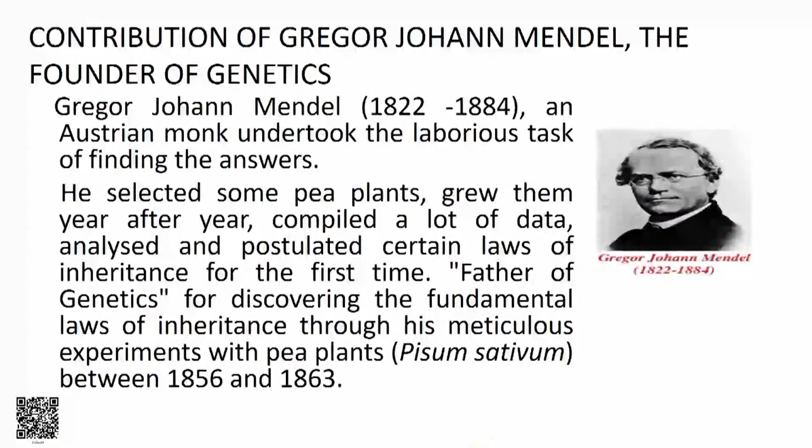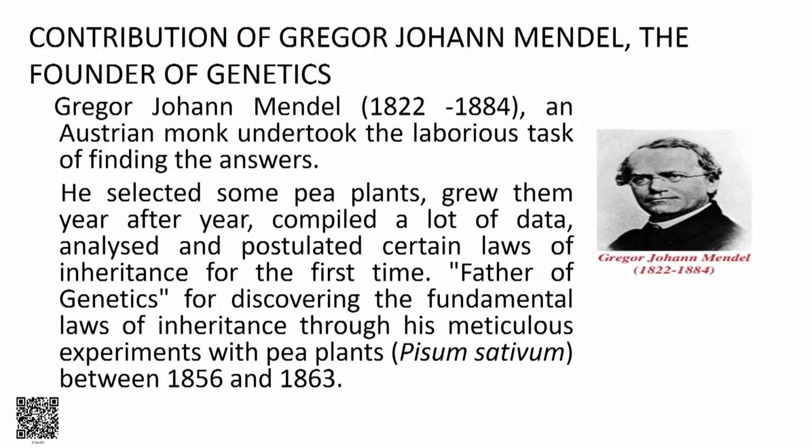First, we will talk about the contribution of Gregor John Mendel. Born in 1822 and died in 1884, an Austrian monk, under the laborious task of finding the answers, he selected some pea plants, grew them year after year, compiled a lot of data, analyzed it and postulated certain laws of inheritance.